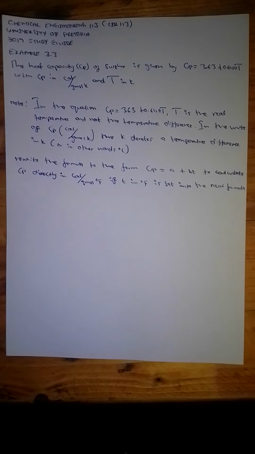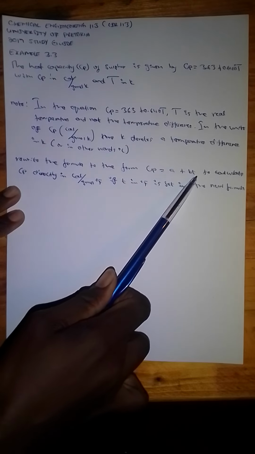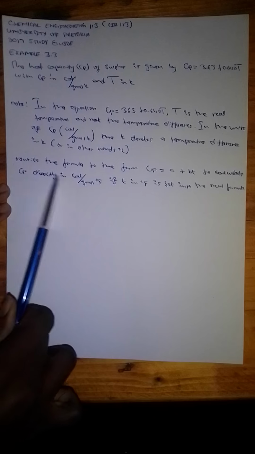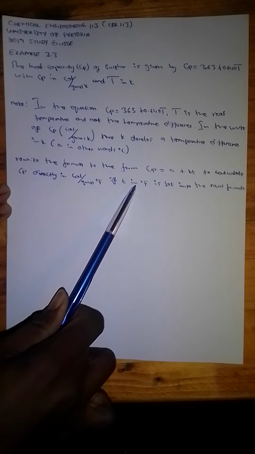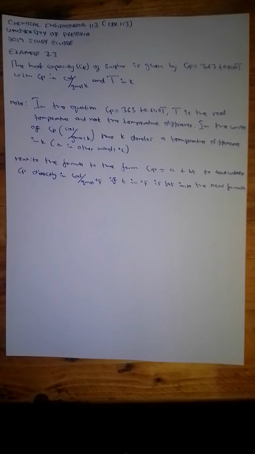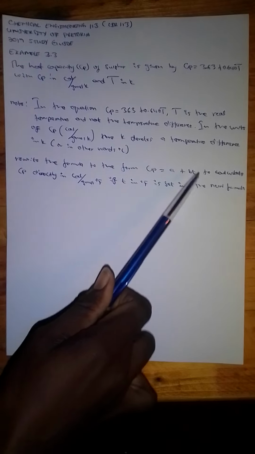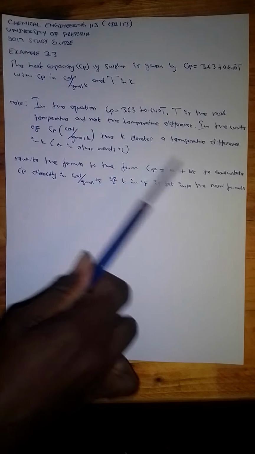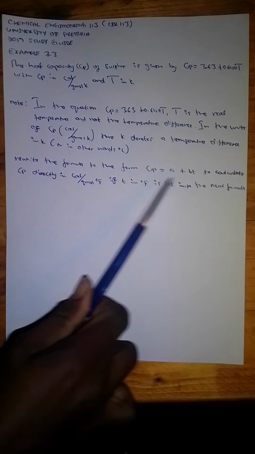So the question says, rewrite the formula to the form Cp equals A plus Bt to calculate Cp directly in calorie per gram mole degrees Fahrenheit if T in degrees Fahrenheit is set into the new formula. The form is not a problem, because it is the same form.